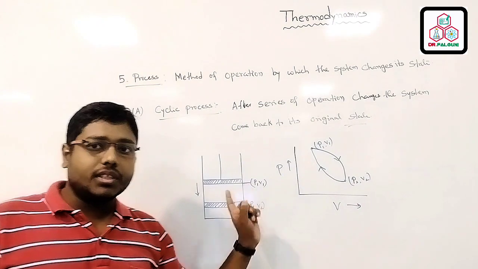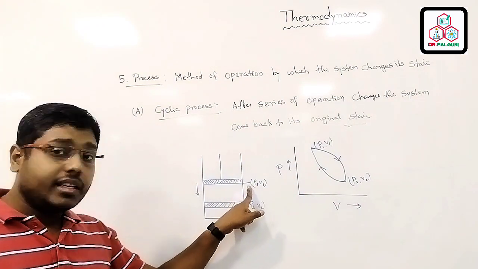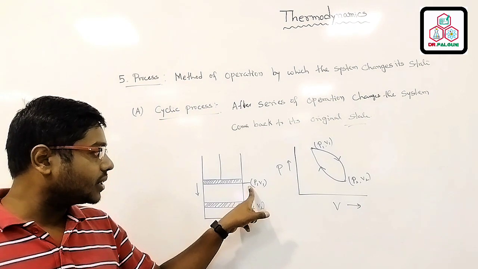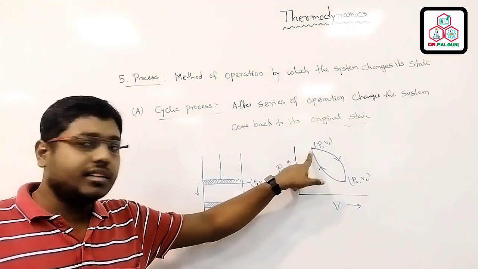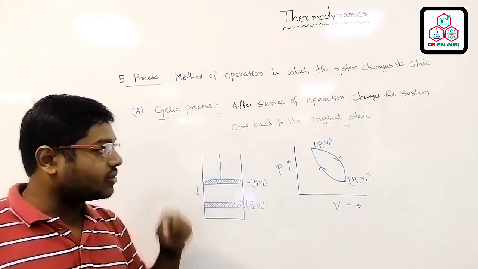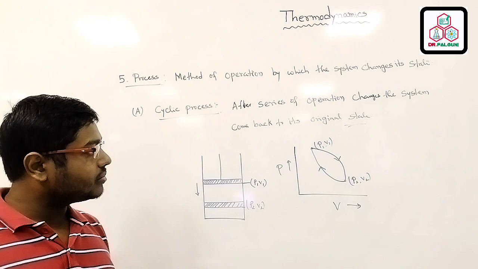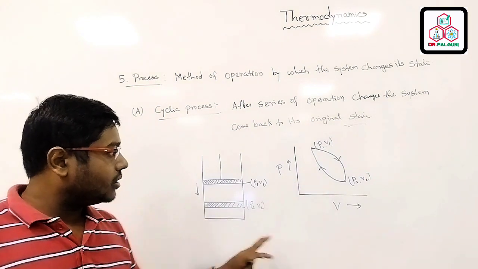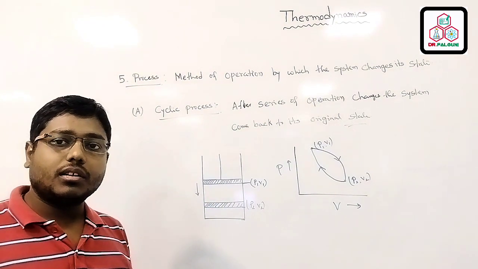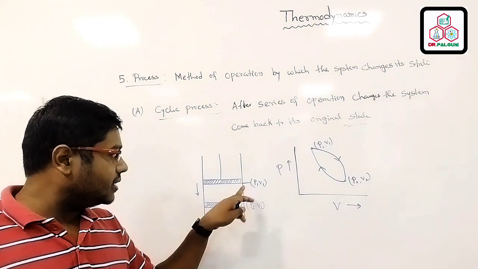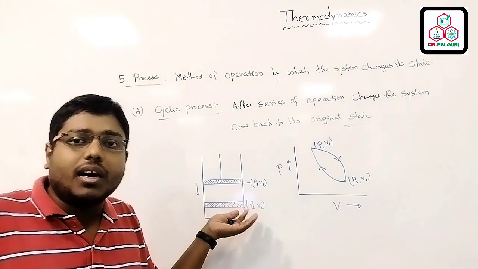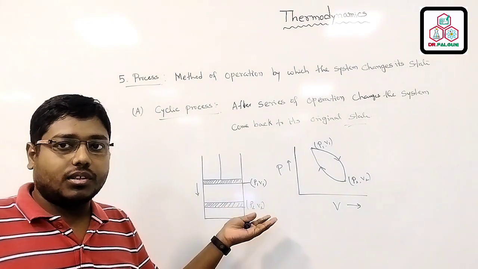So you just correlate these two graphs. Here is the initial stage P1, V1. If you increase the pressure, then volume will decrease. So this is the initial stage and this is the final stage. If you remove the force, what happens?